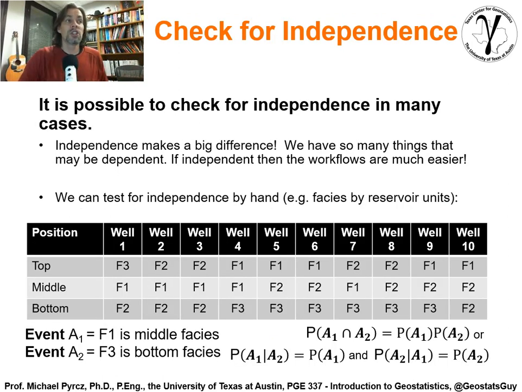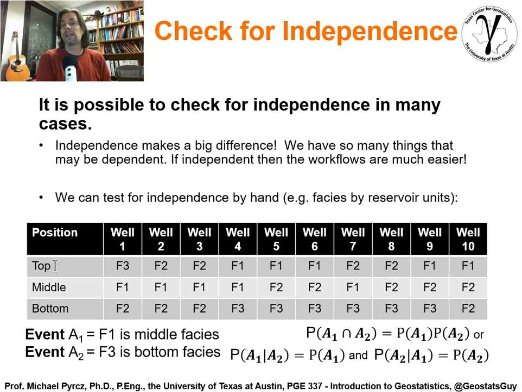Check for independence. We talked about how we can check for independence with data sets. In fact, what would we expect as far as the joints and the conditional probabilities with regard to whether or not we have independence? In the example that we showed in class, where we're talking about certain proportions of facies given different units within the subsurface, it's pretty important to know whether there is a relationship between the vertical location, or the units within the reservoir, and the proportions of facies.